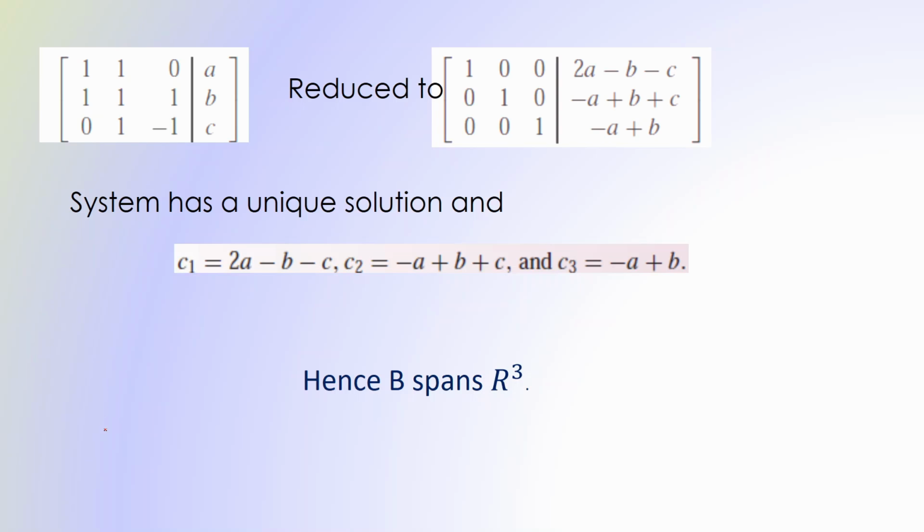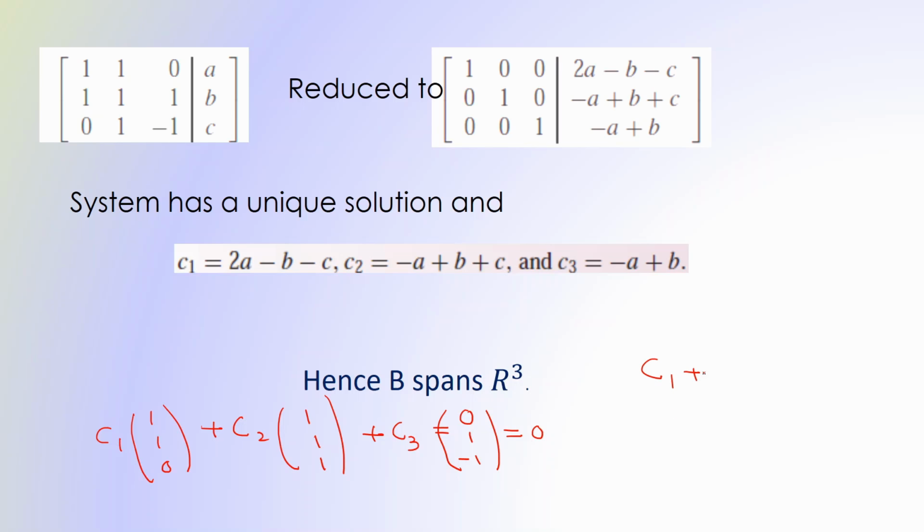So what I can do here is take c1 (1, 1, 0) plus c2 (1, 1, 1) plus c3 times (0, 1, minus 1). If this is equal to 0, and all the coefficients c1, c2, c3 are equal to 0, then you can claim it is linearly independent.